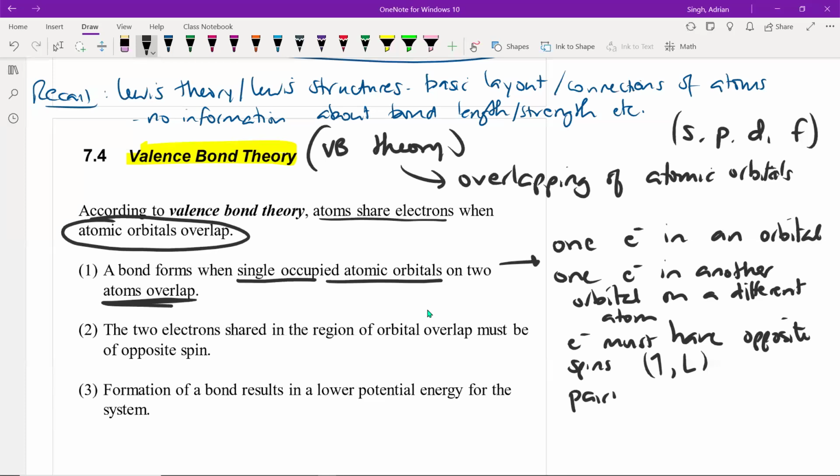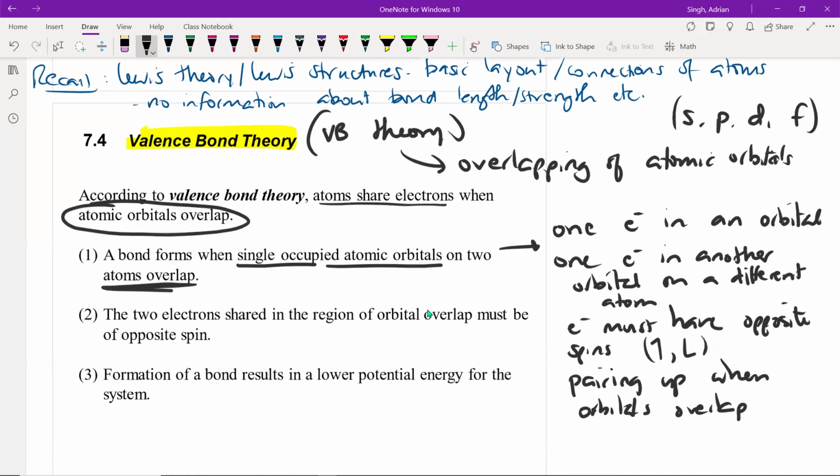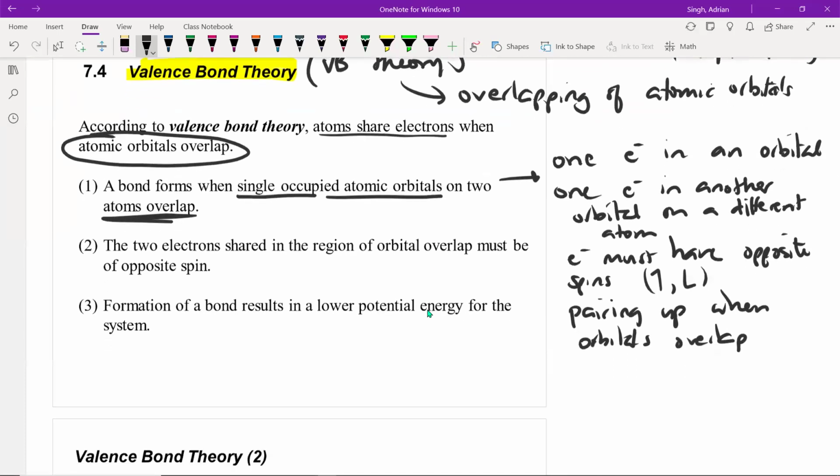So there's pairing up that happens when the orbitals overlap. And the reason why they will want to overlap in the first place is stability. That stability is represented by the lowest possible potential energy for the system. So low potential energy means stable.